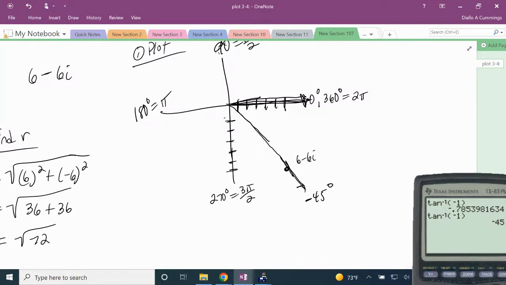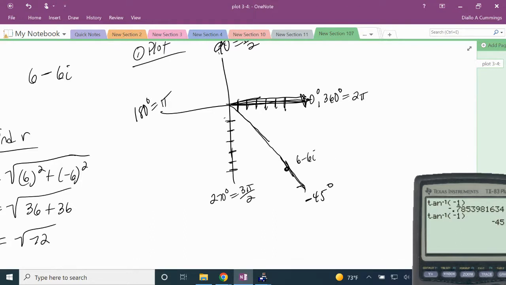Now we talked about coterminal angles, and coterminal angles start in the same spot and end in the same spot. You can find coterminal angles by adding or subtracting 360.